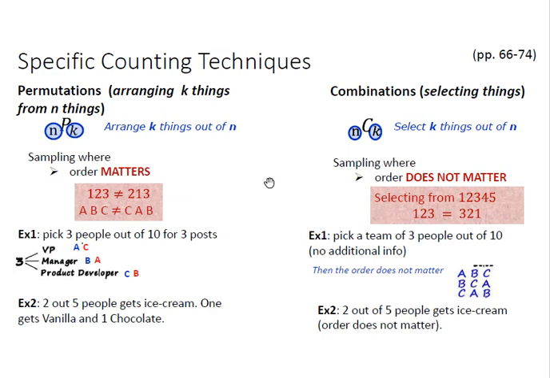Look at this slide. In this slide you can see the differences between permutations and combinations more clearly. Here the first is arranging k things from n things, and here selecting k things out of n things. Look at these keywords: arrange, select.